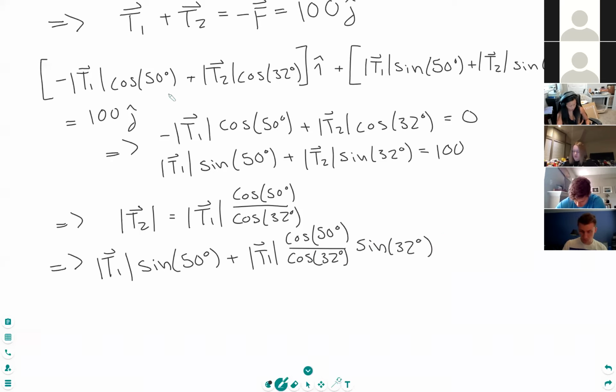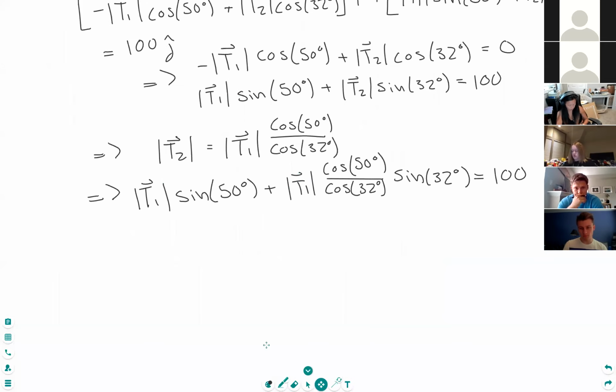So all we just did was plug this relationship into our second equation here. And we knew that this right here was equal to 100. Okay. So now the only thing that we need to solve for here is just T1.